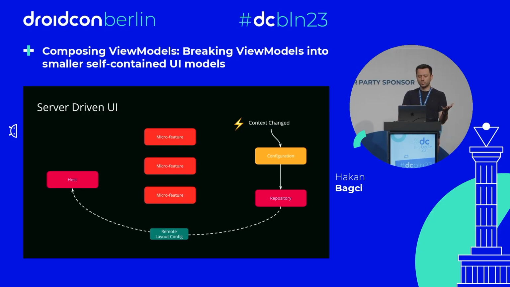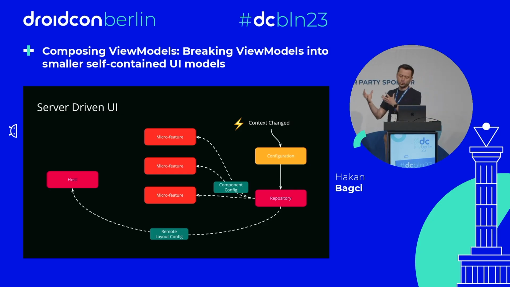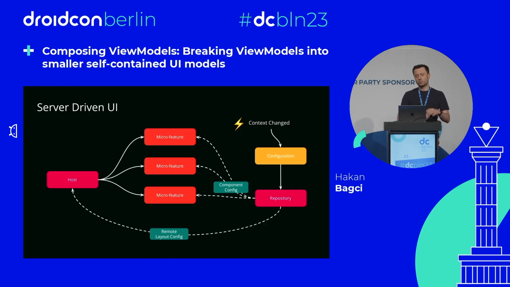We have our microfeatures, and they are taking the component configuration part, and our host, using the remote layout configuration, is doing the layouting between microfeatures. So this is just showing a structure. Of course, this is not implemented, but what we are saying here is that if you have well-defined components, it's easy to move to a server-driven UI after having these self-contained microfeatures.